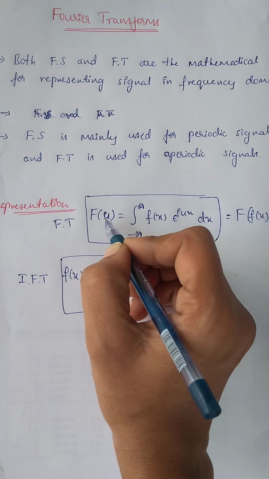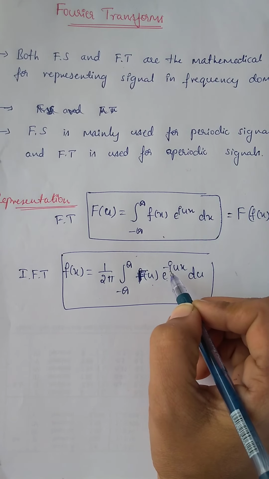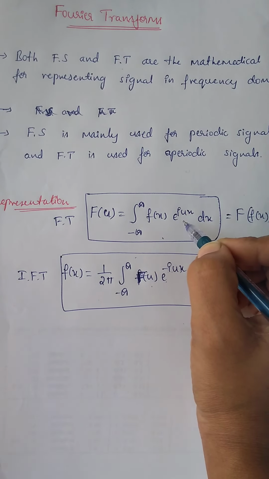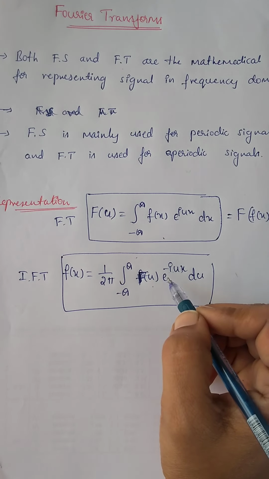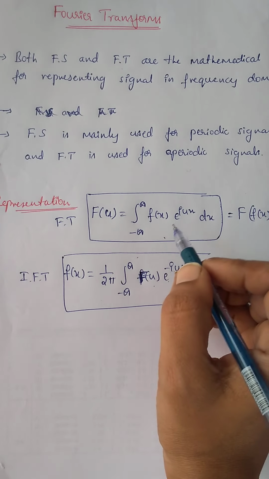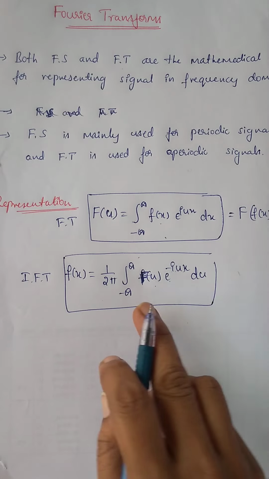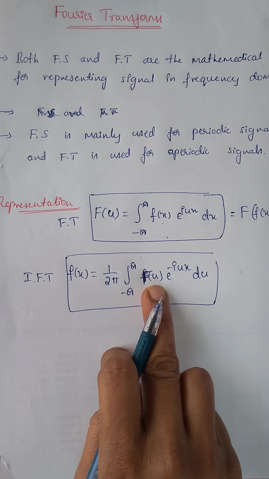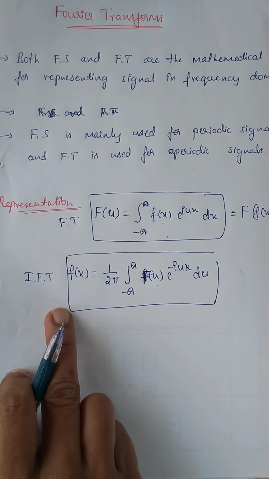You have to substitute your capital F of u e to the power of minus iux. In the Fourier transform we should take e to the power of plus iux. Here we should take e to the power of minus iux with respect to u integration. Here f of x is a variable, we have to integrate with respect to x. Here F of u is a variable, with respect to u we should integrate. This is the inverse Fourier transform.